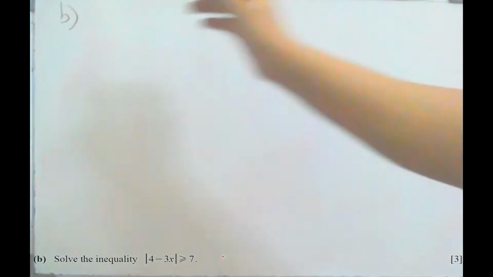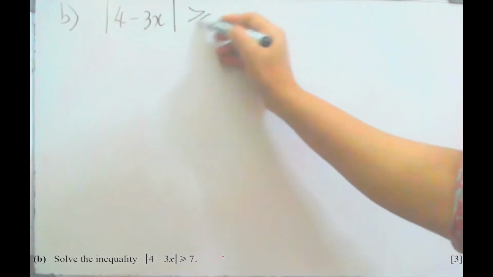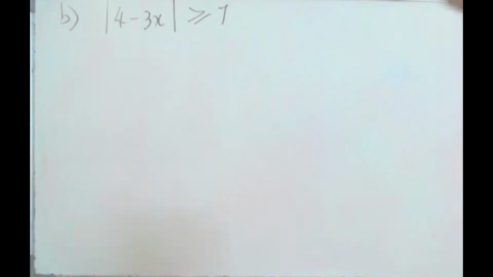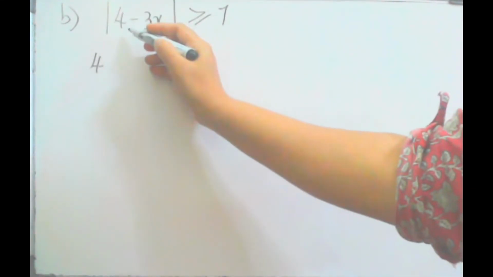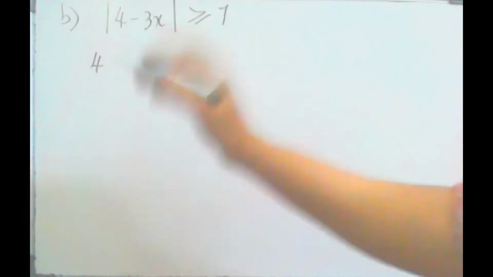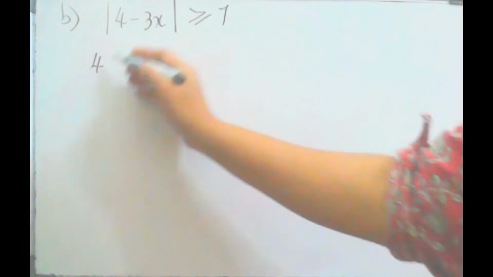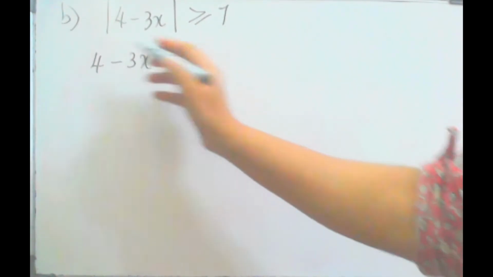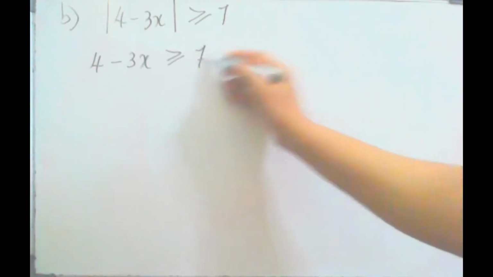Question number 2B. Solve the inequality modulus of 4 minus 3x is greater than or equal to 7. So what does this mean? As we discussed already, the modulus deals with only the magnitude of the expression inside. It doesn't deal with the negative sign. But when we solve the inequality, we will consider the negative sign also. How? Let us see here. So 4 minus 3x is greater than or equal to 7.